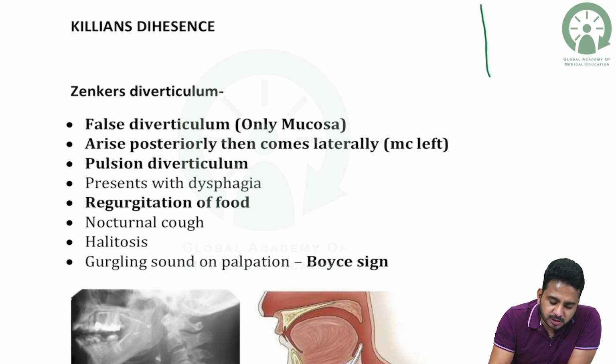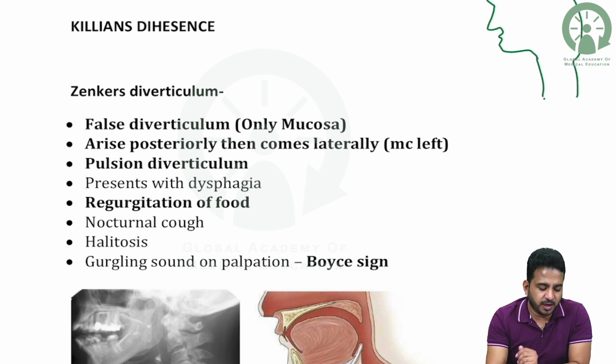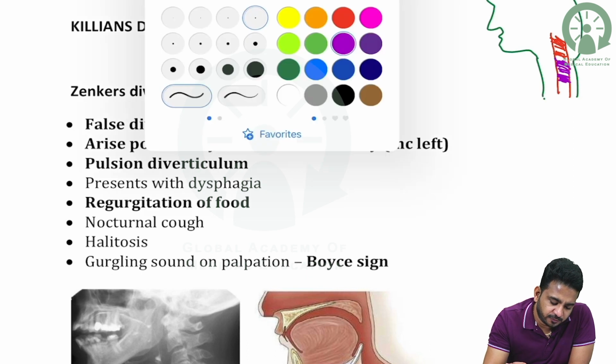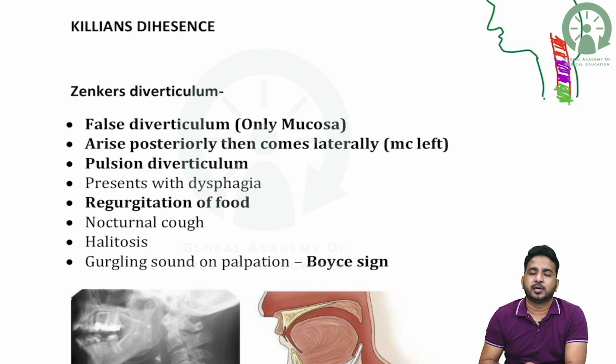So suppose this is our pharynx. If I draw the diagram with the face, our pharynx is a long tube, with the upper fibers being the superior constrictor, the middle fibers the middle constrictor, and the lowermost fibers the inferior constrictor.